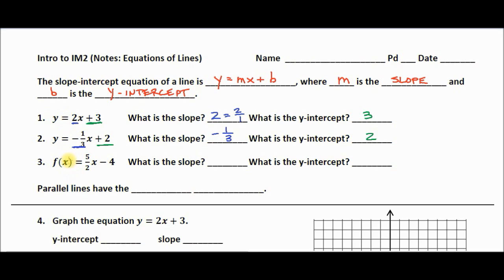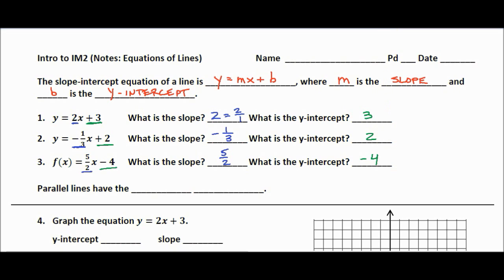You should learn this in Algebra 1. If we have y equals something x plus something, we could just substitute y with function notation. We'll talk about that a little bit more in the next couple units. But this is still slope-intercept form. Here is our slope, which happens to be positive 5 over 2. And our y-intercept in this case is negative 4. We cross the y-axis at negative 4.